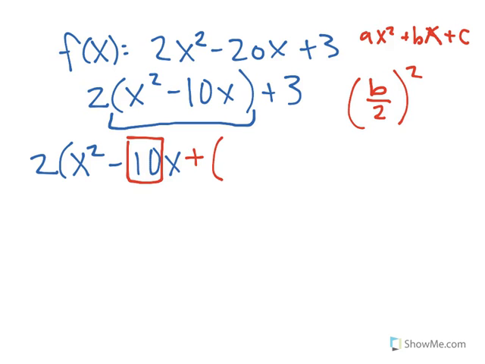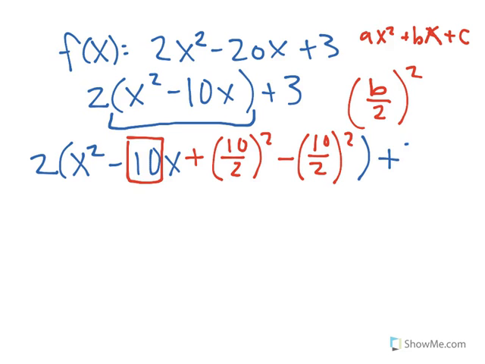So we're going to do (10 over 2) squared, and we're going to subtract it too. So we're essentially just adding and subtracting it, so we're not really making a difference in the value of it. And then plus 3, like we had before.